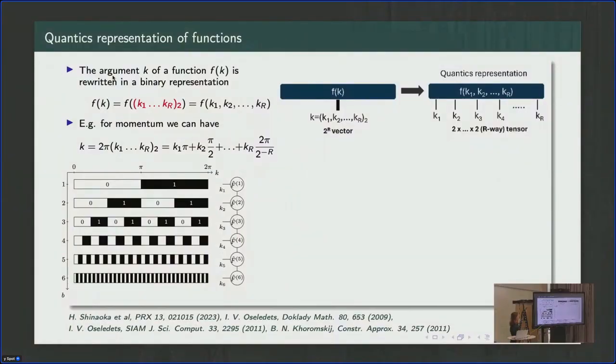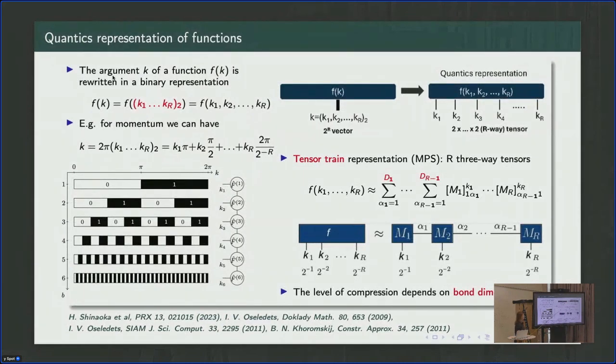I just discretize momentum. And what I do is, my discretized function is then mapped on a matrix product state or tensor train and approximated with a finite bond dimension, right? So if my vertices are compressible, I expect that the bond dimension or rank will be low.